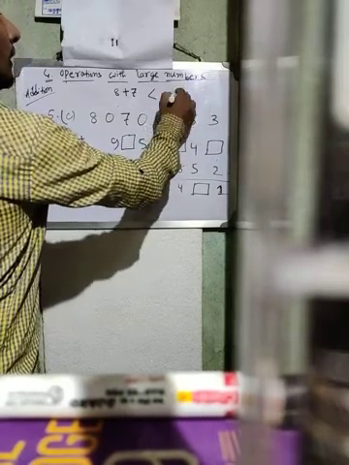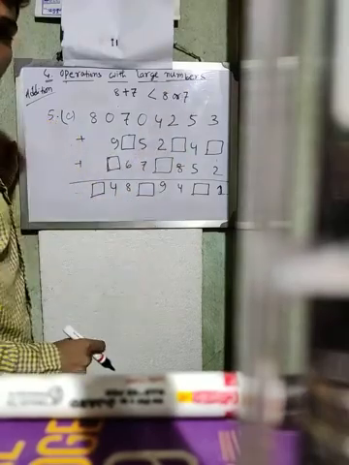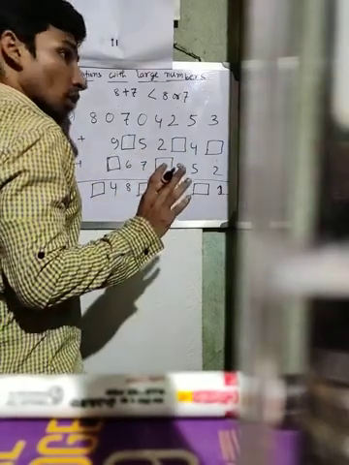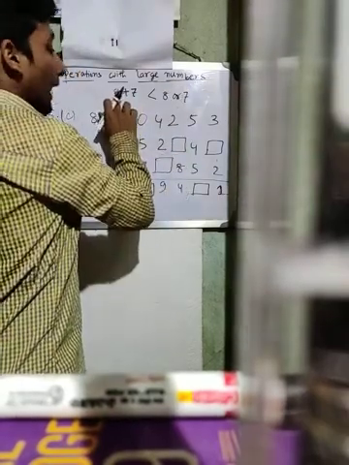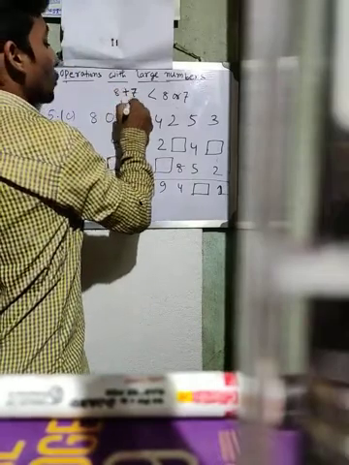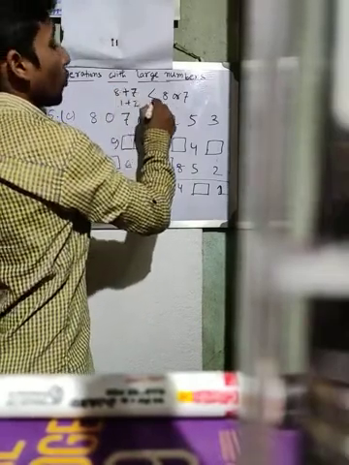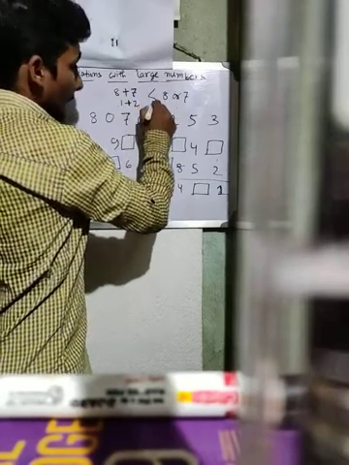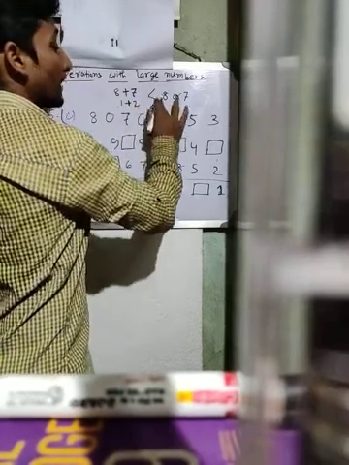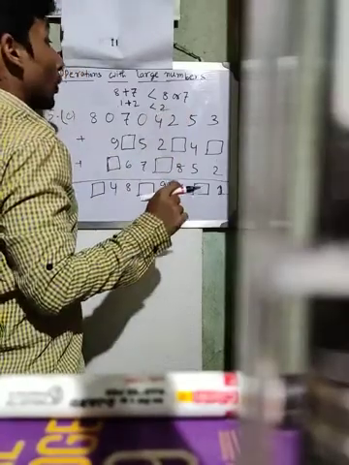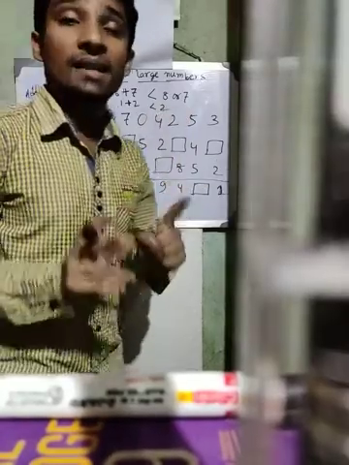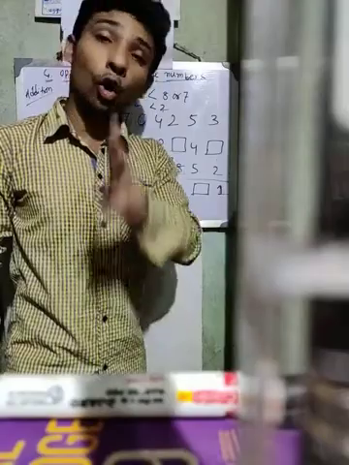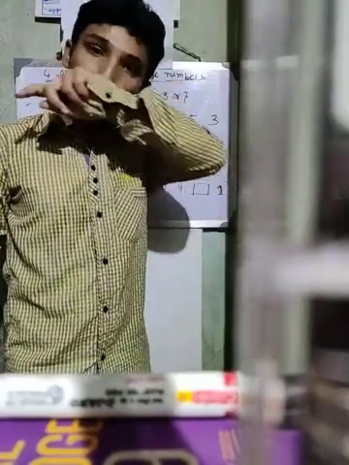Suppose the sum of 1 plus 2. Is it possible that this is less than 1 or less than 2? Never. Always remember, the sum of two digits is always greater than each digit.